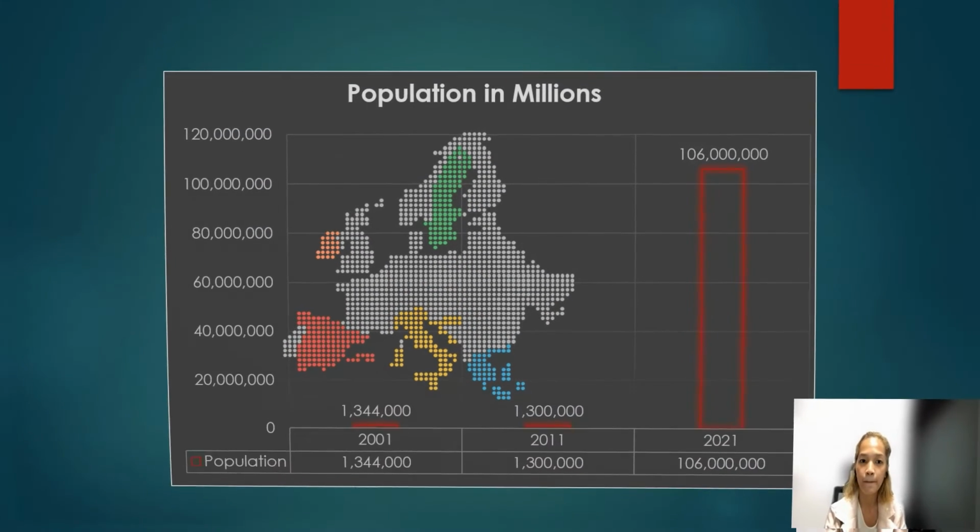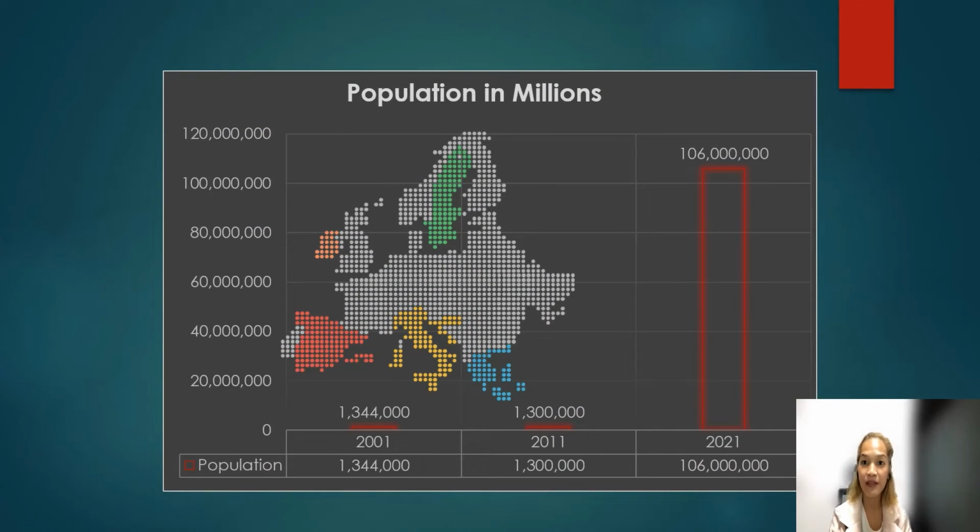Demographic population in millions. The population in Estonia in 2001 was 1,344,000, and in 2011 it went down to 1,300,000, and in 2021, it dramatically went up to 106 million population.